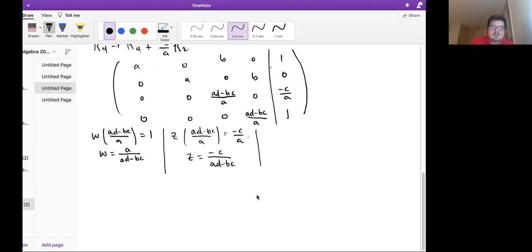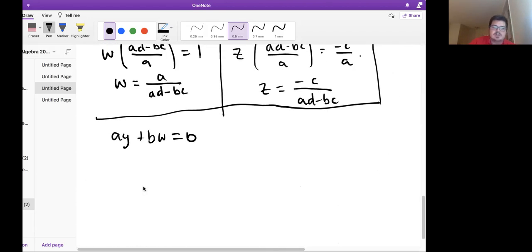Okay, so let's do y. The second row reads ay plus bw is equal to 0. We solve for w, so it's ay plus b times a over ad minus bc is equal to 0.